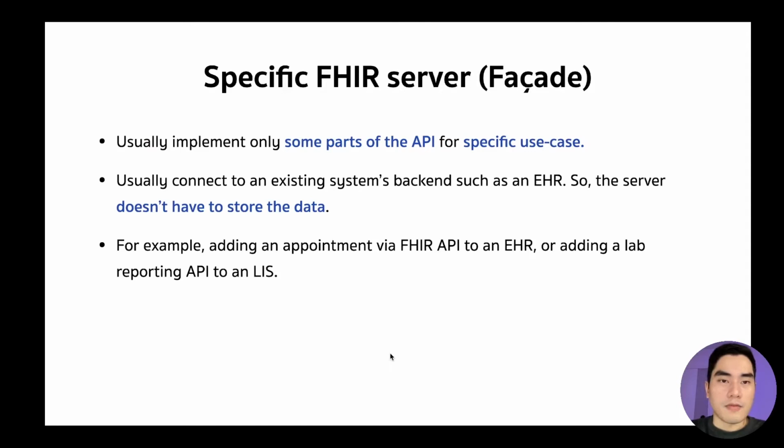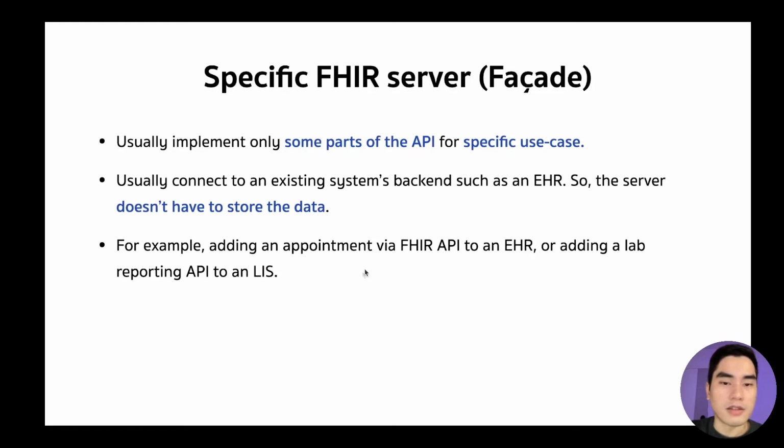The next type of server is the specific file server, or you can call it a facade. It usually implements only some parts of the API or a specific use case. This type of server usually connects to existing systems as a backend, such as the backend of an EHR. So the server doesn't have to have a data storage.